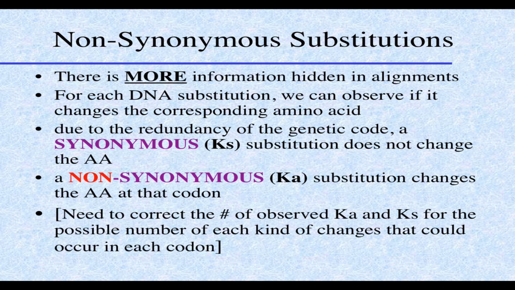There's the 3-letter codons. There's an average of about 3 different codons for each amino acid, but some amino acids have fewer and some have more. A given DNA change may or may not change the amino acid of its codon. That is a synonymous, meaning doesn't change, or non-synonymous change.